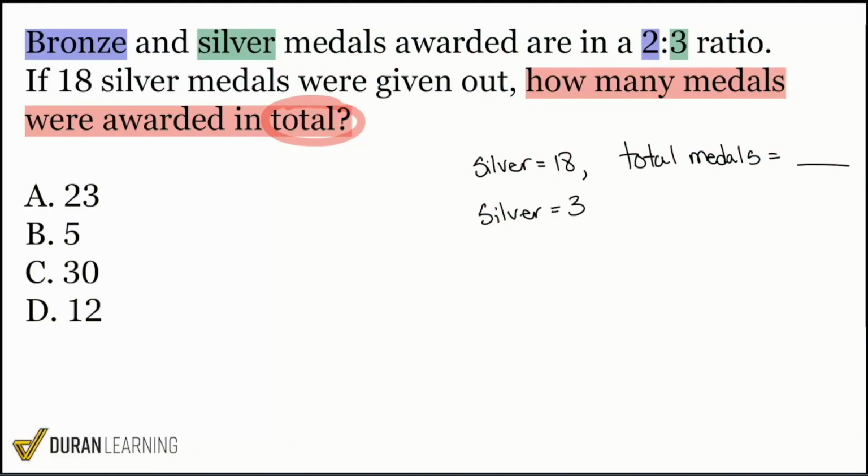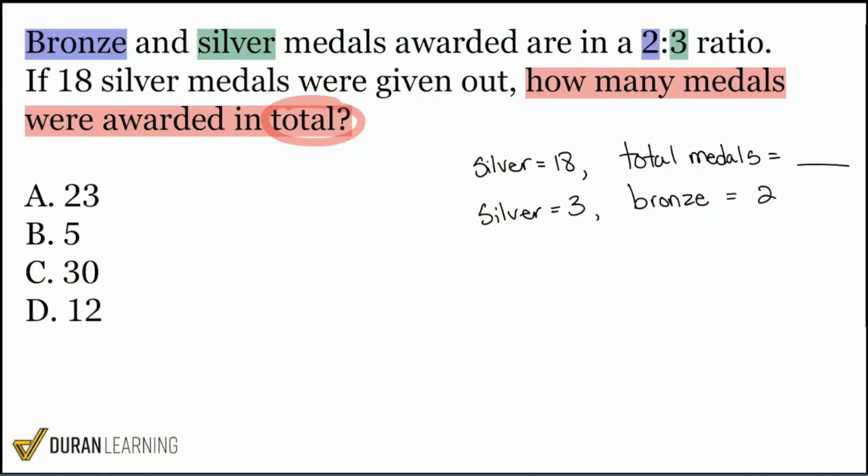But this is where the mistake that most people will make comes into play. Most people will really try to just make it work. Make the numbers that you have work in some way, shape, or form. And you might make this mistake writing bronze over here. And then, boom, bronze equals 2. Here's the problem with that.